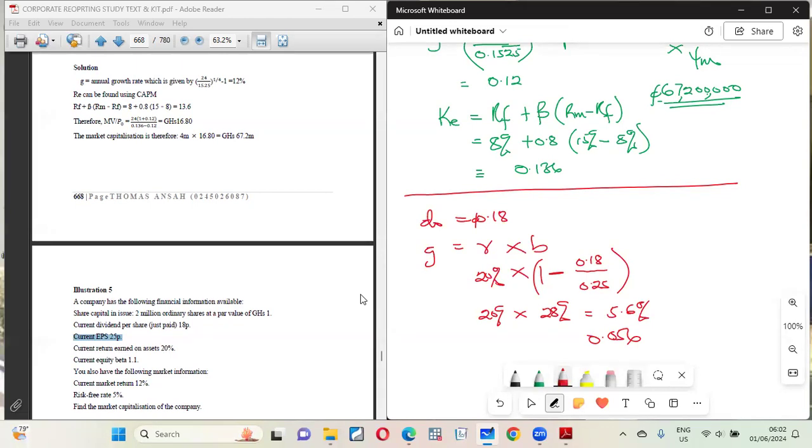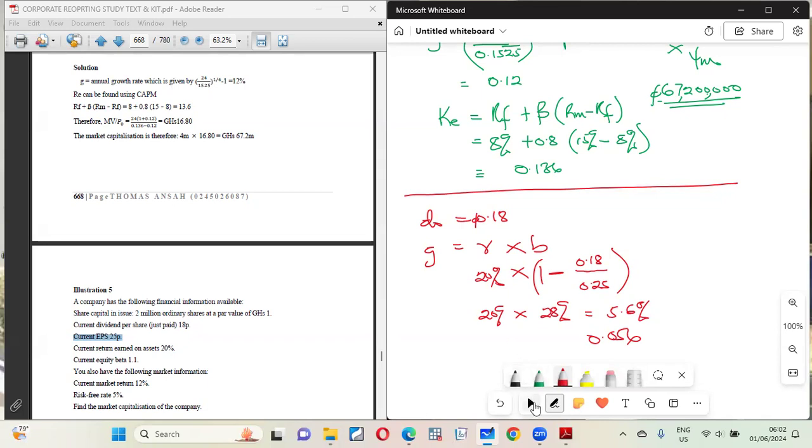Dividend per share is the total dividend of the company divided by the number of shares. So sometimes you have to go and find those things. That is where students will say that the question is difficult. It's not difficult. You are just refusing to go and work out the other things. Because you know how to find each variable.